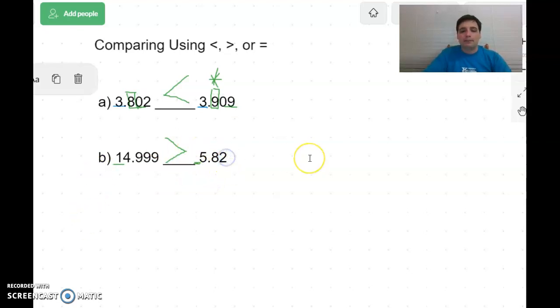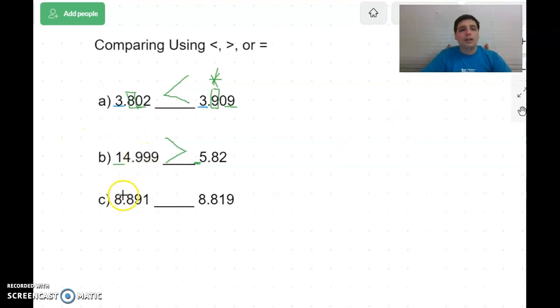Let's give you one more example, and then we'll try a problem on our own. I have 8 and 891 thousandths, and I have 8 and 819 thousandths. Here, start with my ones. They're the same.